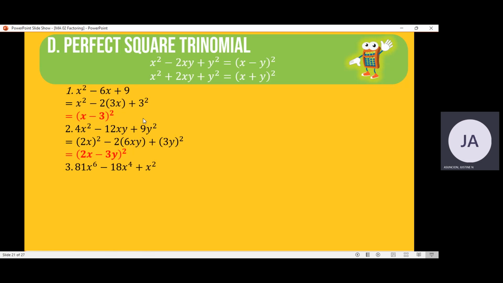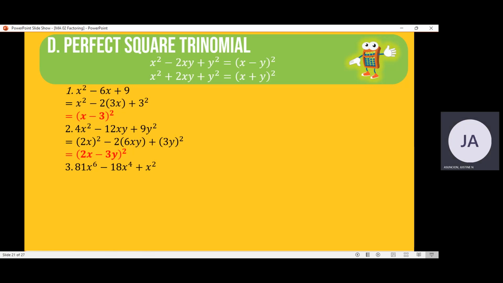Another example, 81x^6 minus 18x^4 plus x squared. All we need to do is to identify if we can utilize the perfect square trinomial here. At first, we cannot use that, right?